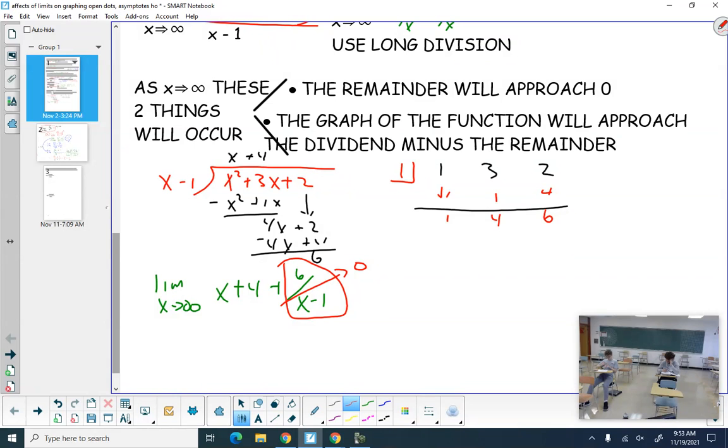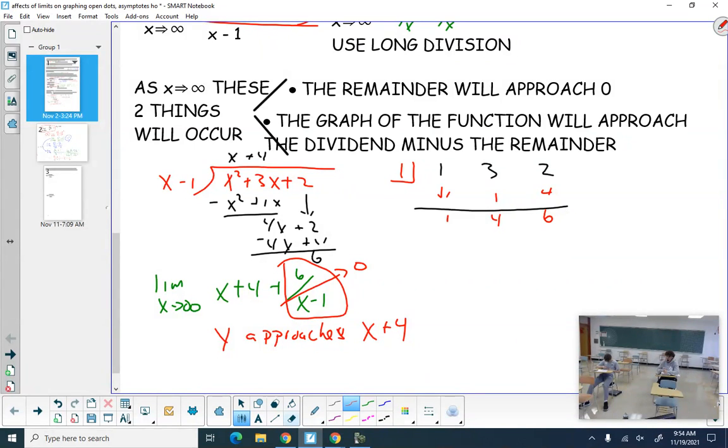Just looking at infinite limits. As x gets bigger and bigger and bigger, and this is what we're asking here, as x gets bigger, y is going to approach x plus 4.